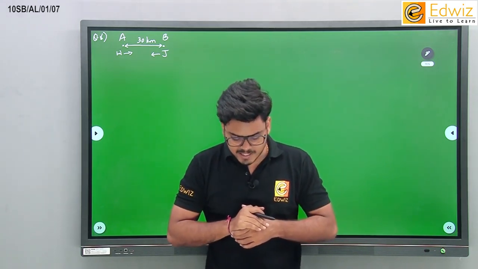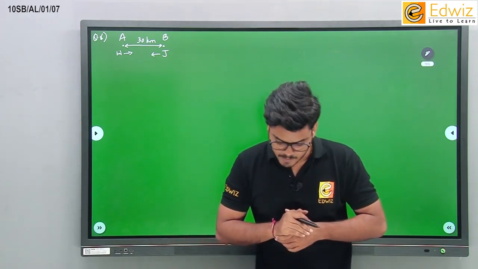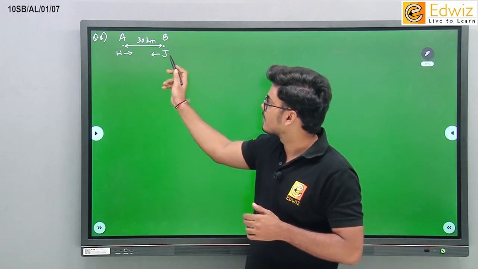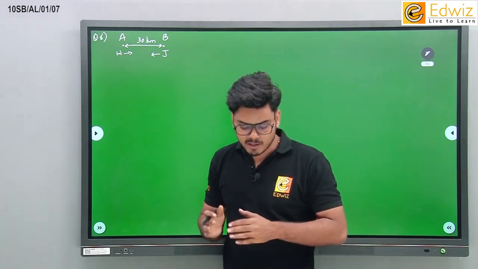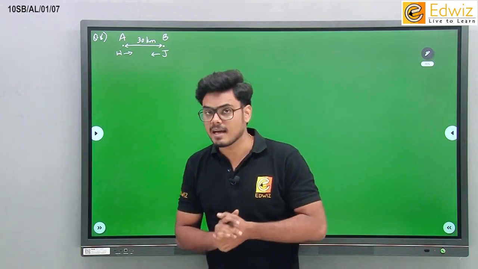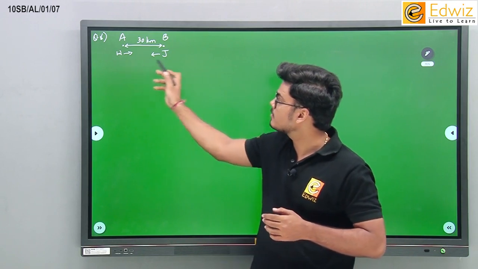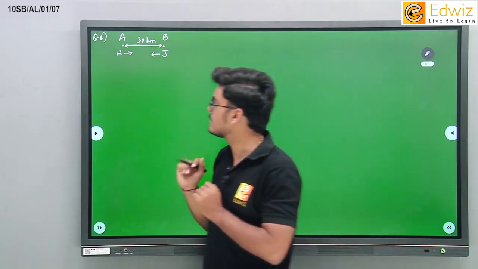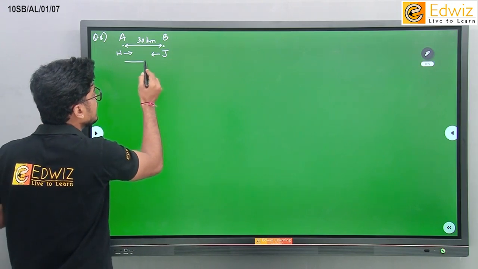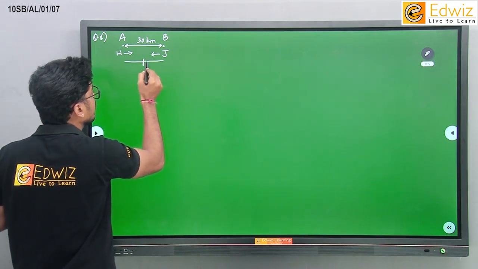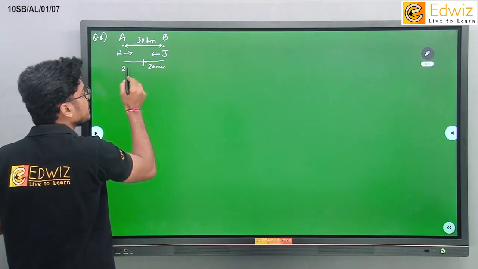If Joseph would have started from B at the same time but in the opposite direction instead of traveling towards A, meaning if Joseph went in this direction, then they would have caught each other after 3 hours. Meaning if Joseph is traveling in the opposite direction, Hamid will catch him after 3 hours. So I'll just explain the question. When they are traveling towards each other, they are meeting at some point in 20 minutes. This one is also traveling 20 minutes, this one is also traveling 20 minutes.